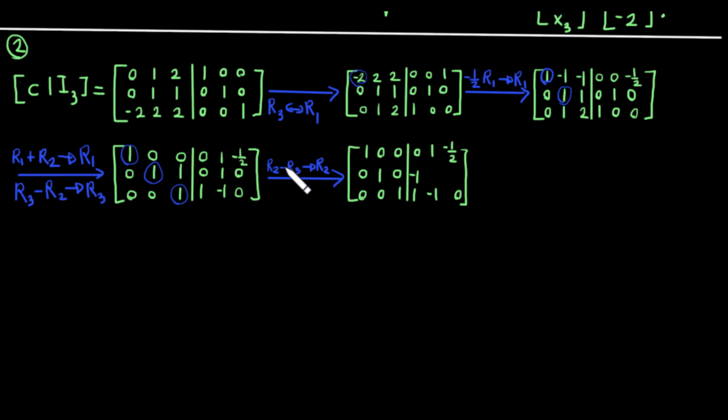Here 1 minus negative 1 is 1 plus 1, because negative with negative becomes plus. So the answer will be 2. So here I will write 2. 0 minus 0 is 0. I will delete this one, so I will write it exactly the same as here. I want to move it to here, so I will delete it.